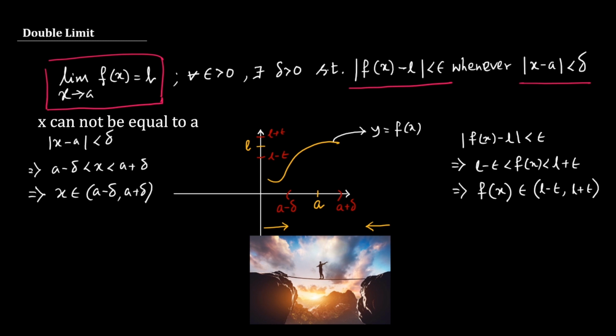the value towards which f(x) or y moves, if the movement is something like this, means when your x lies on the right side, that is by taking values which are higher than a, then the corresponding value of y on the curve will move like this, maybe this value, this value, this value.